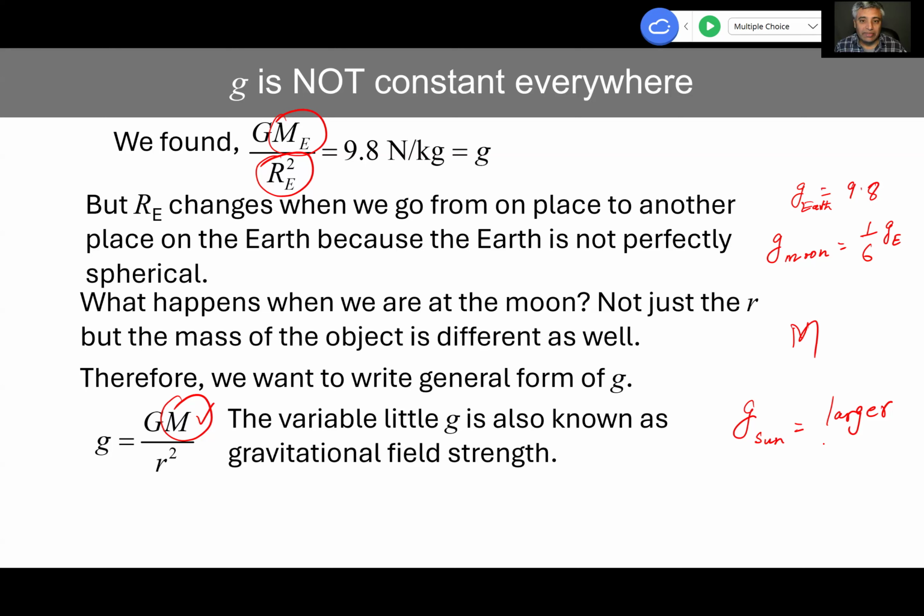So what that means is the value of G on such a star is going to be even larger than the value on the surface of the sun, assuming their mass becomes really large. Now, these stars are born, they die, they have this life cycle.